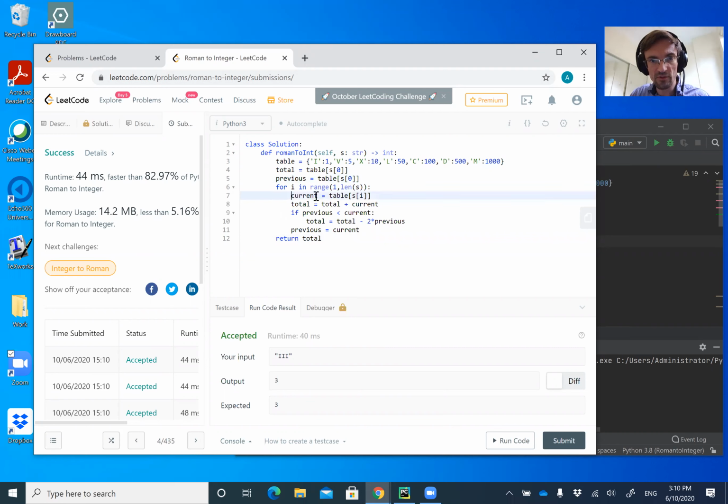So maybe I'm wondering if the current should be outside of the loops. I could set that to be 0, and then I could basically adjust.